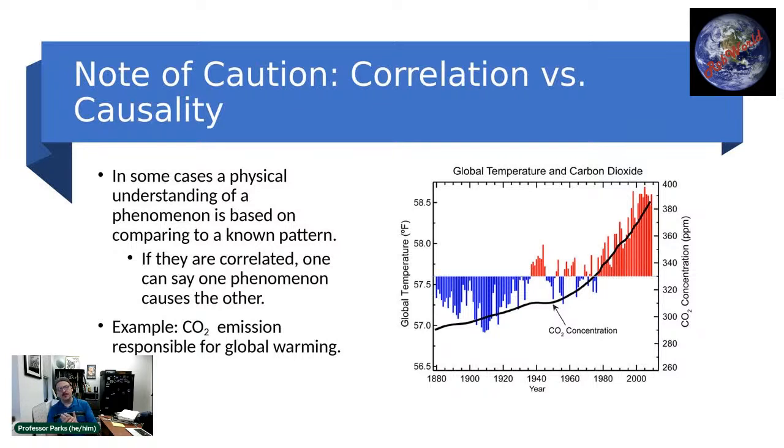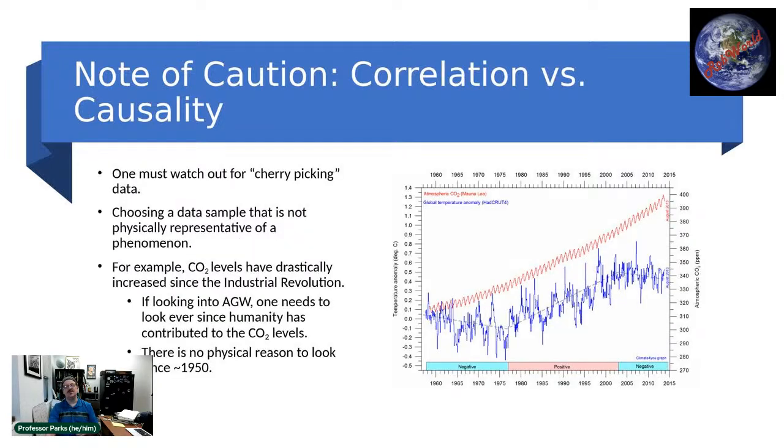Now, there are a couple of things here. First off, climate change is not thought to be true because of this plot alone. This was sort of the first indicator that people were really looking at and taking very seriously, and there are other indicators that have been used to show that climate change is actually happening. But there's also something else, which is related to something we call cherry picking.